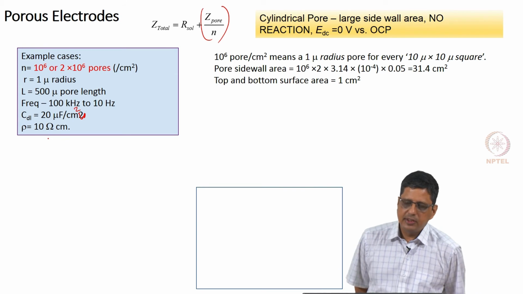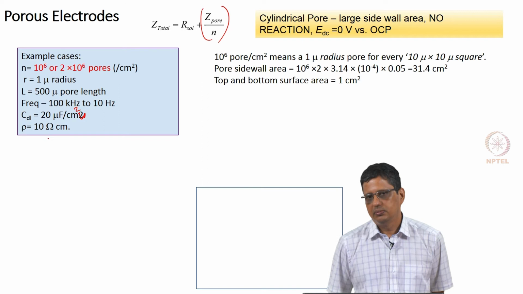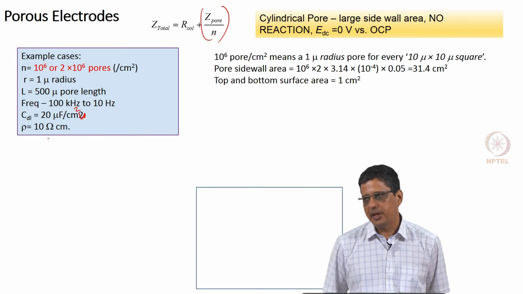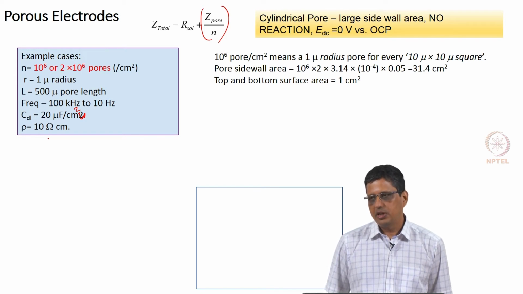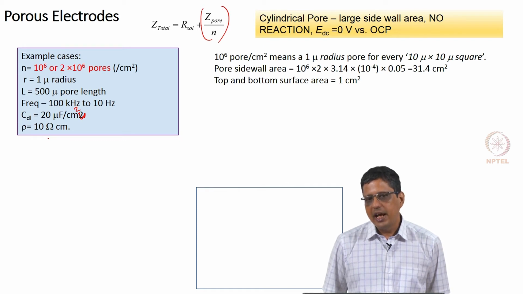Now, what is 10 power 6 pores per centimeter square? 1 centimeter length is going to be 10 power 4 micron. 10 power 3 micron is a millimeter, 10 power 4 micron is a centimeter, and 10 power 8 micron square is going to be 1 centimeter square.